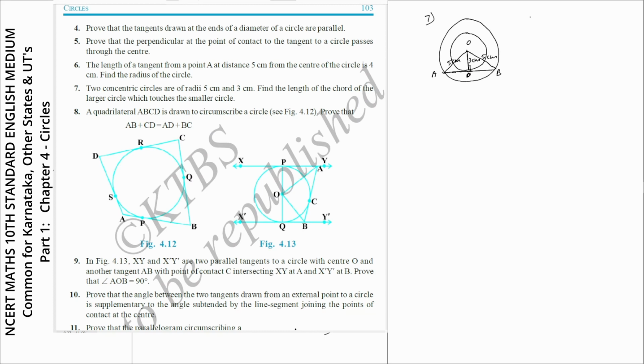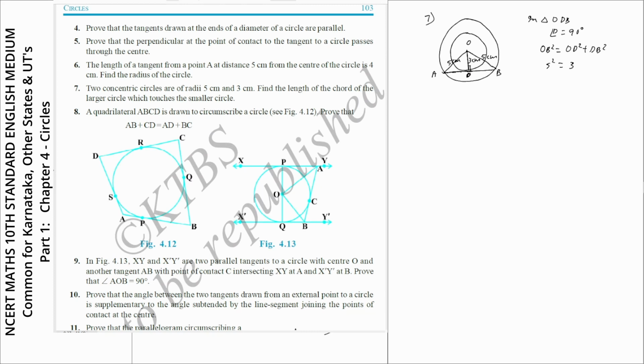So now consider a triangle. In triangle ODB, angle D is equal to 90 degree. Therefore the square of the hypotenuse, according to Pythagoras theorem, OB square will be equal to OD square plus DB square. So 5 square is equal to, what is OD?